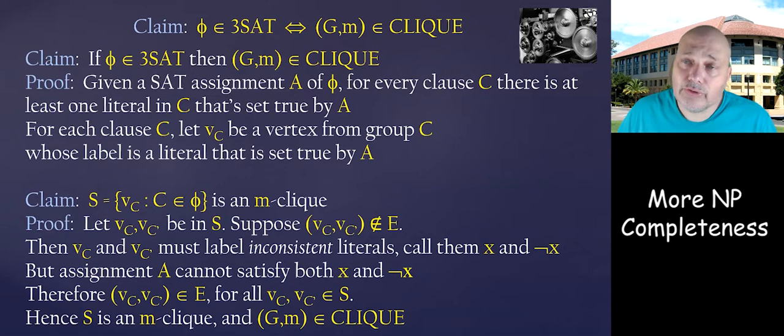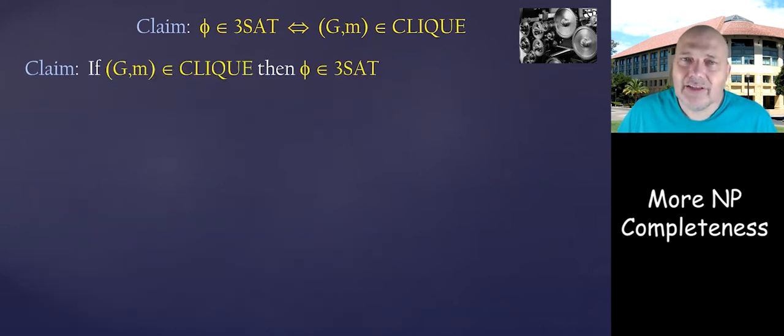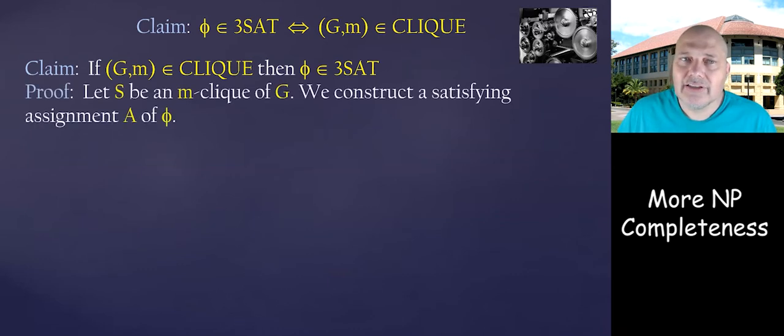Now we need to do the only if. So now if G_m is in CLIQUE, I want to show that phi is in 3-SAT. Okay, let S be a clique of size m in G, and we're going to construct a satisfying assignment A of phi.